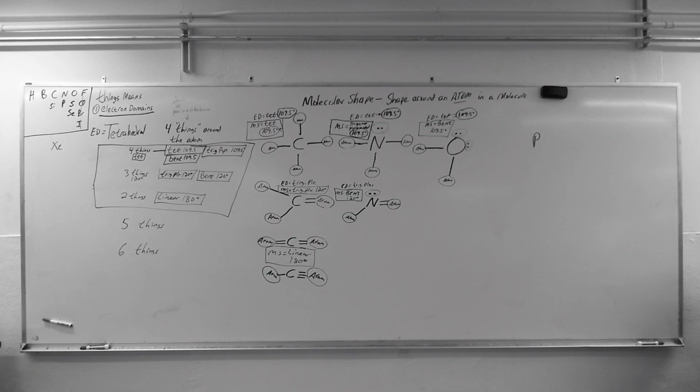Assume you have the Lewis structure in front of you that you can see. This book is just not great with examples. What do I want to do?